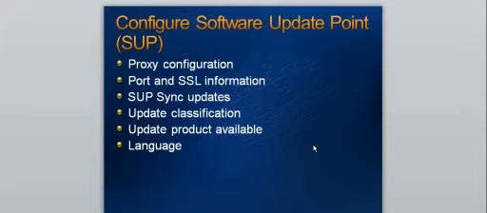After that, you need to specify the ports and SSL information. What are the ports that are required? The configuration of the port and SSL depends on your WSUS configuration. If you install WSUS with the default settings, by default it is using port 80.